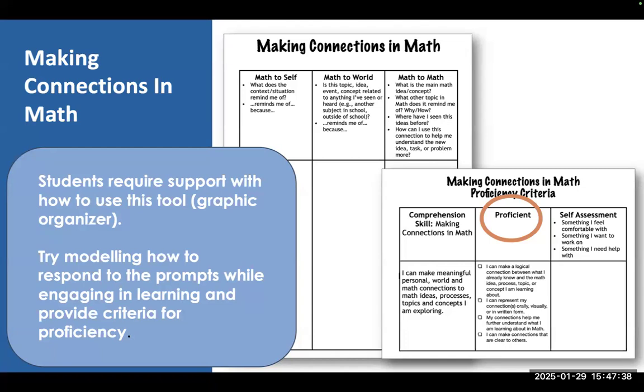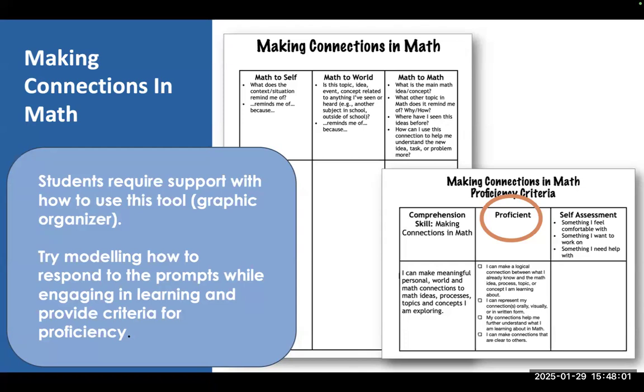And I would try to go through a process of modeling with them. If I have a context in which this is going to be important, we would go through each one of these, or one only, to see how it's going to help them deepen their understanding of the topic or the idea or the procedure at hand.